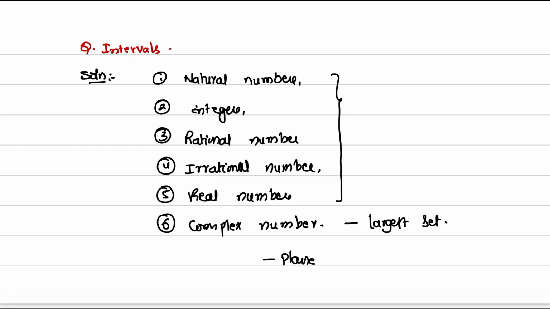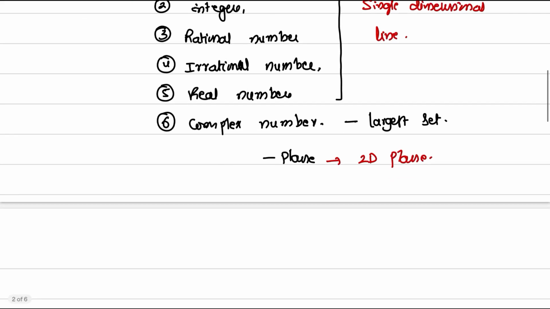These are all single dimensional line representation. Here it is a two-dimensional plane representation. This also I have explained in my previous classes. Please refer to them. And I will just give difference between a real system and a complex number system just for a minute.